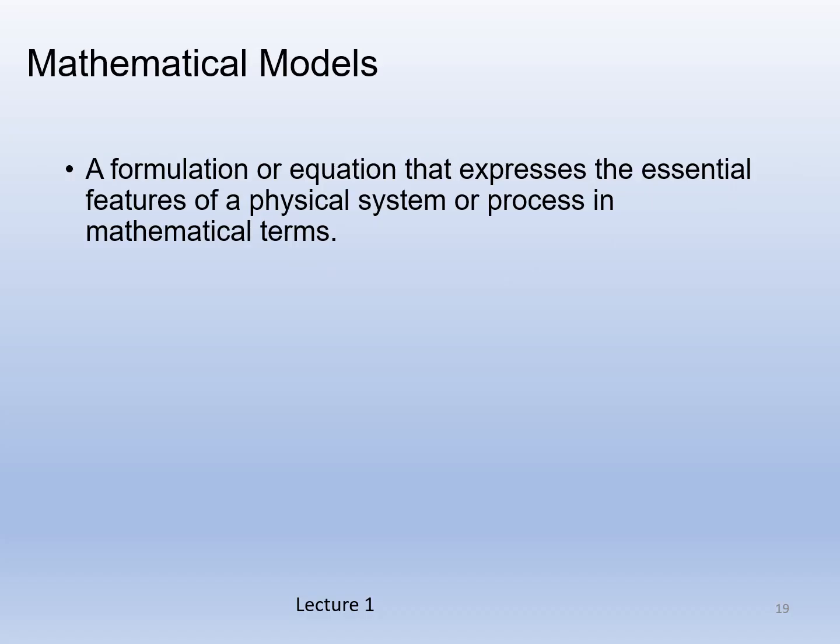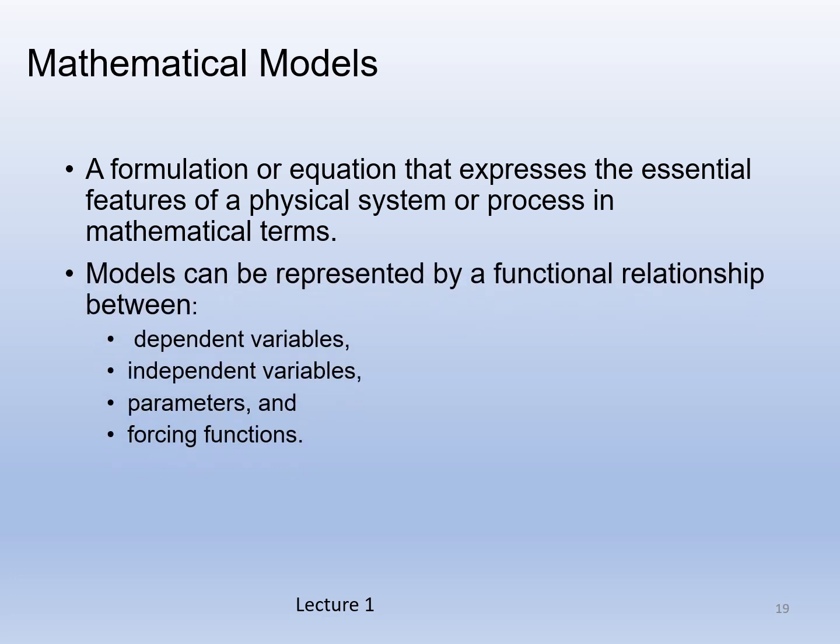Mathematical models, I've already talked about it: a formulation or equation which gives you the physical system in the form of an equation. In a model, every equation has four things: dependent variable, independent variable, parameters, and forcing functions.